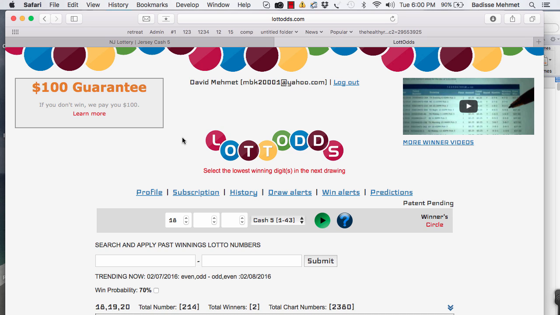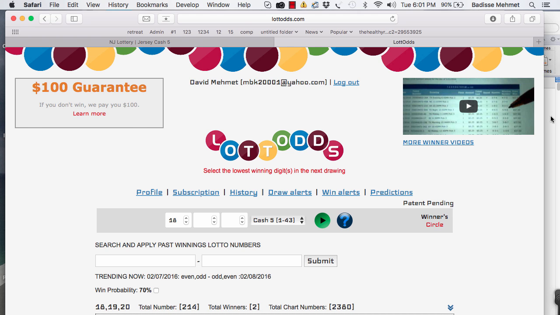I'm also working on Cash 5, and we started working on some features there, so we could create a type of prediction feature and help eliminate many of the charts and numbers so we can narrow down the winner. I want to show you what we've been working on.